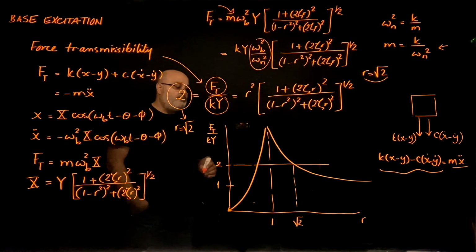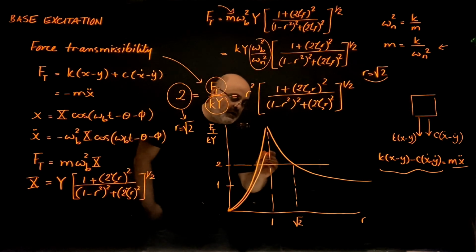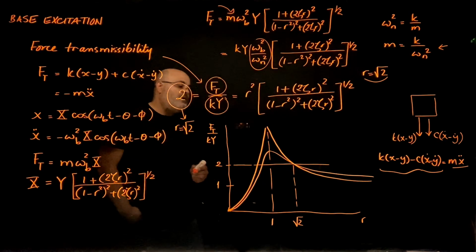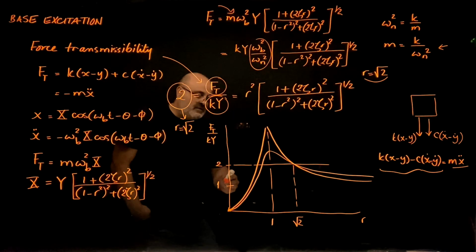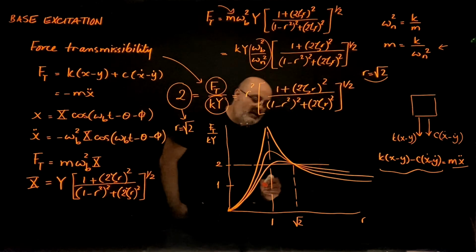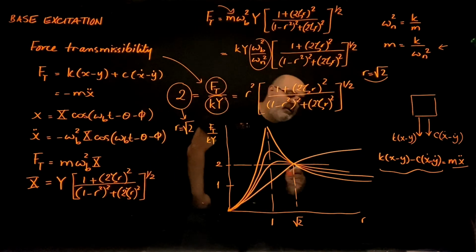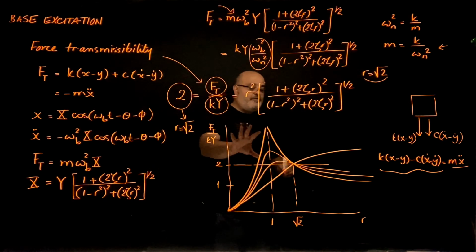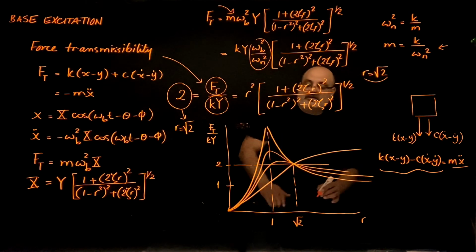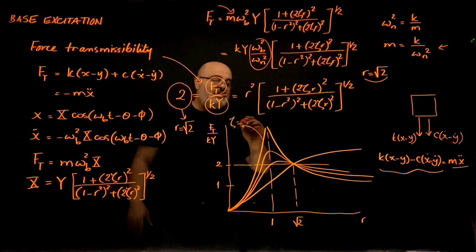Now, if you add more damping to the system, it goes to a higher value, but then passes through the same point, and so on. And then for overdamped systems, so the final value of the force transmissibility is not always the same. It changes depending on the damping ratio.